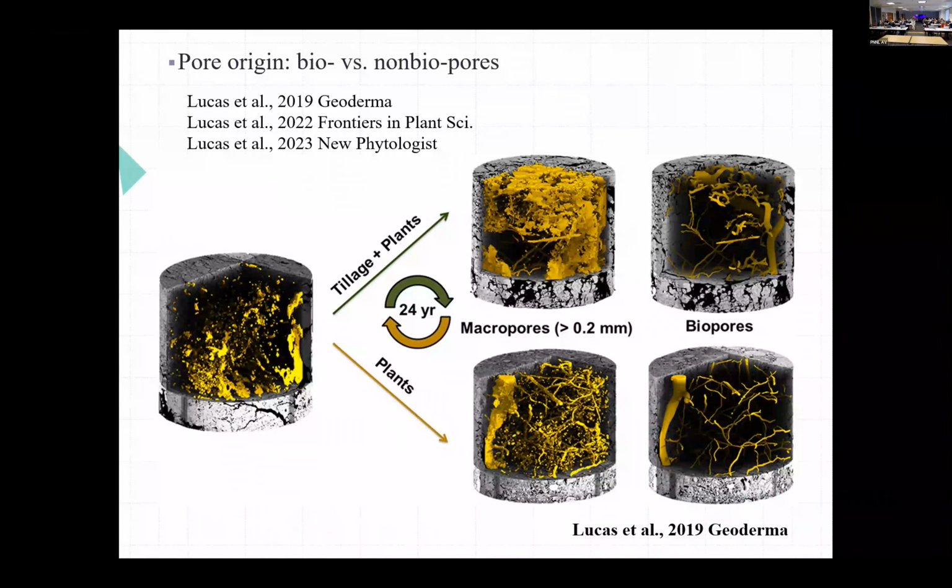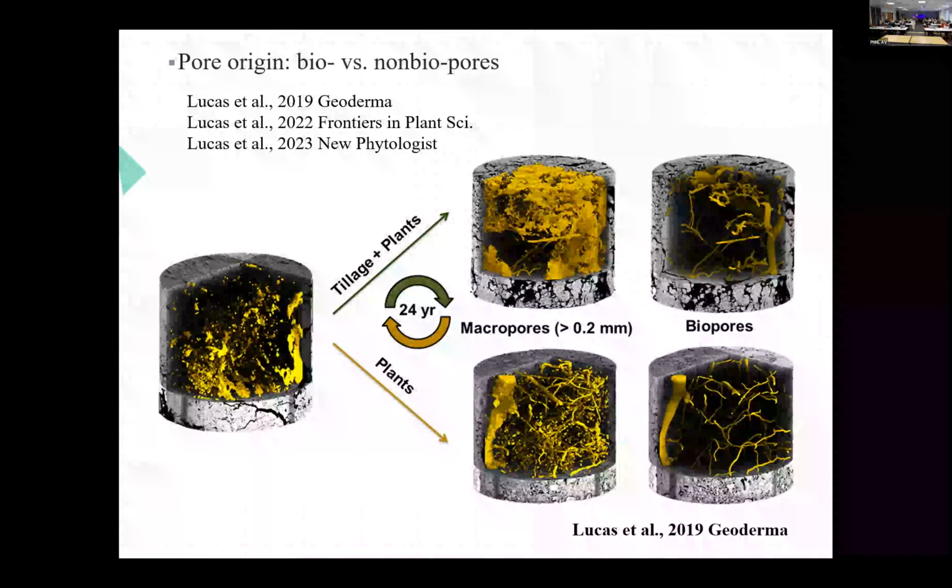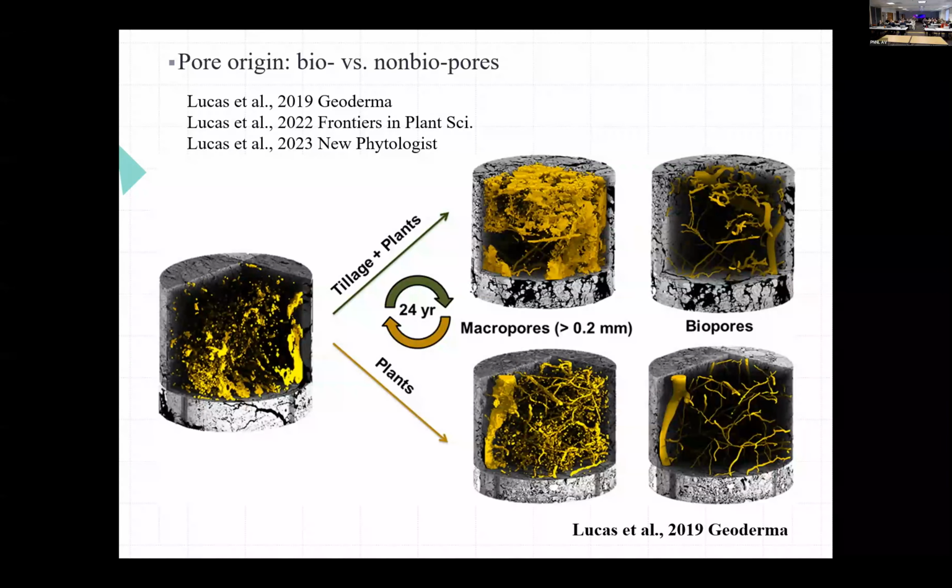Biopores, pores of biological origin, made by roots or by earthworms or by both, you would expect to be of nice cylindrical shape. Cracks of non-biological origin you would expect to have all kinds of shapes.